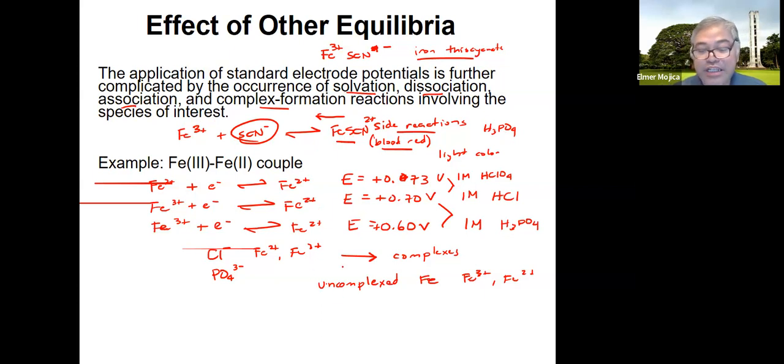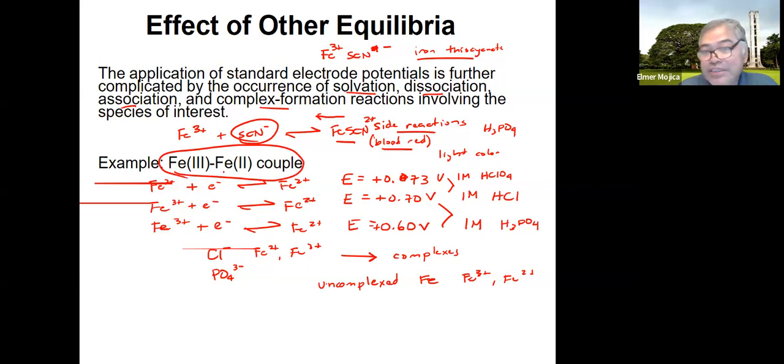So the same thing happens here. There's a complex formation of the ferric and ferrous phosphate. So it will have a net effect on the potential. And this is the only one, we could say, that is studied.